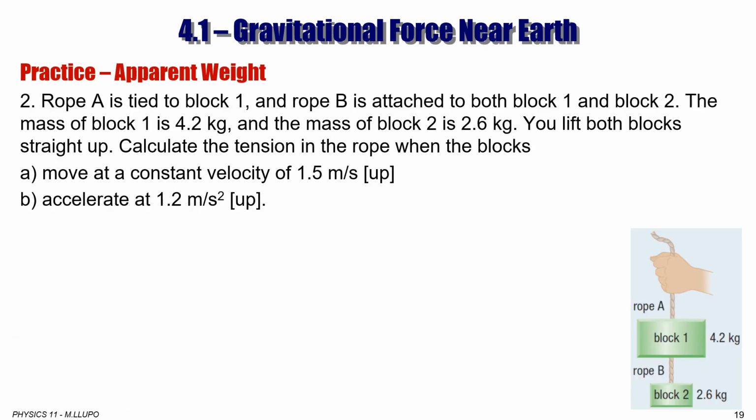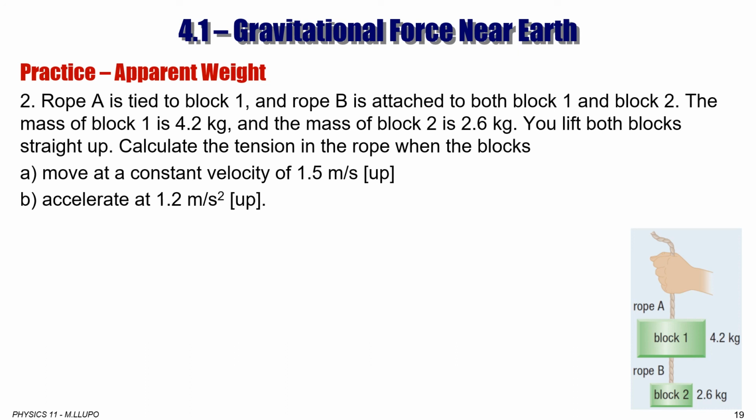So that's a practice for you. Rope A is tied to block 1 and rope B is attached to both block 1 and block 2. The mass of block 1 is 4.2 and block 2 is 2.6. You lift both blocks straight up. Calculate the tension in the rope when the blocks move at constant velocity, so that means there's no acceleration, and when they accelerate at 1.2 meters per second squared upward.